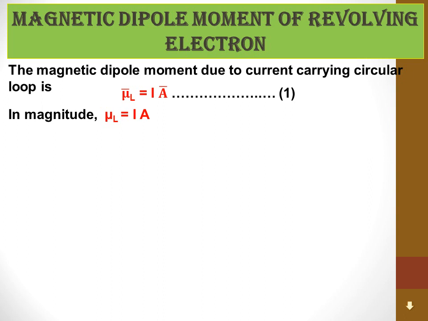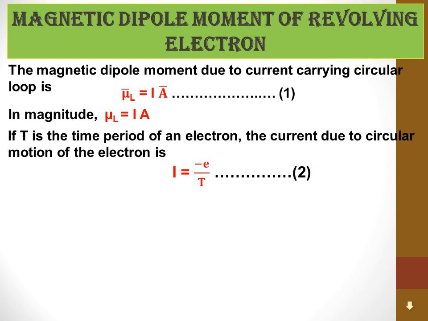If you put this in magnitude, you will get mu L equals I into A. If T is the time period of the electron, then the current due to circular motion of the electron is I equals minus e divided by T, because T is the time period of the circular motion of that particular electron.